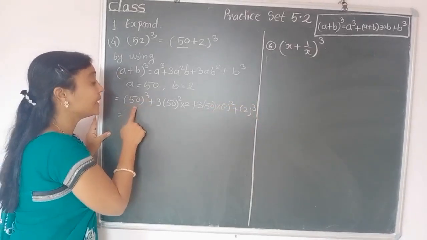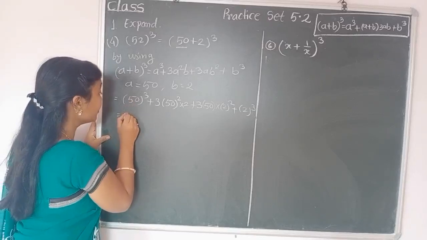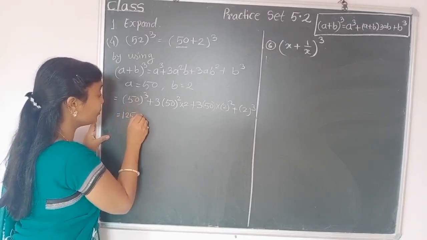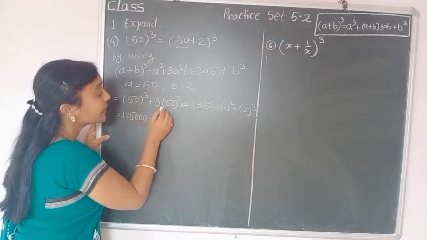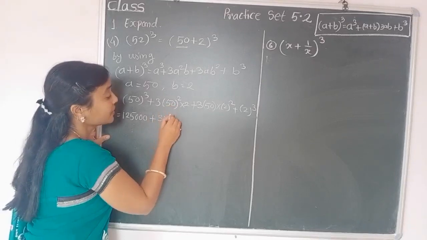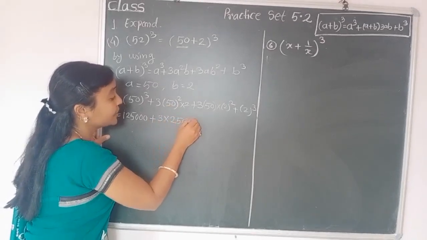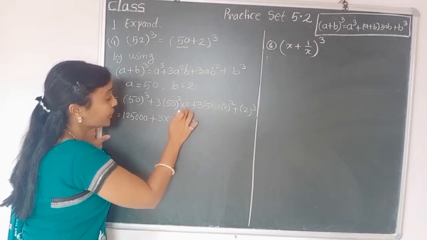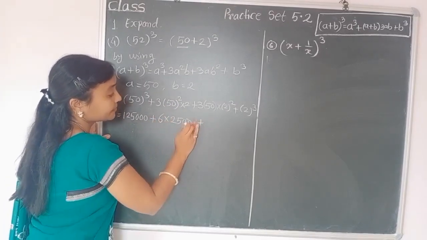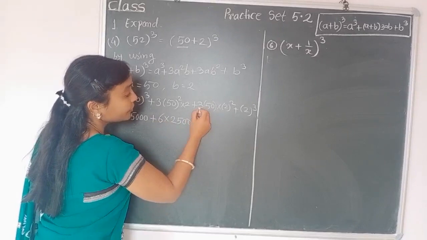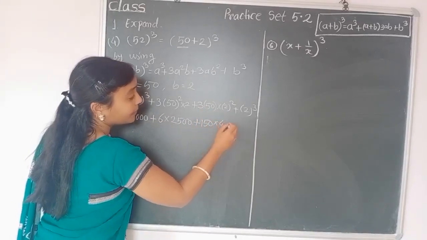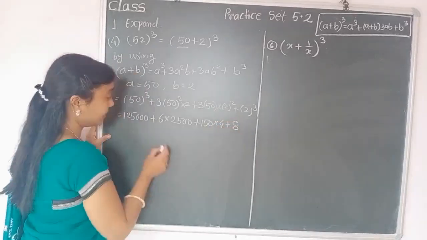50's cube means 50 into 50 into 50. 5's cube is 125 and the zeros give three zeros. Plus 3 into 50 square, which is 2500, into 2. So we write 3 into 2, 6, plus 3 into 50 into 4, plus 2's cube, 8.